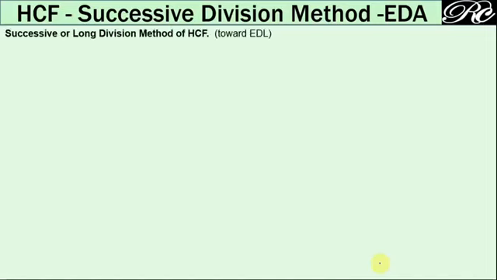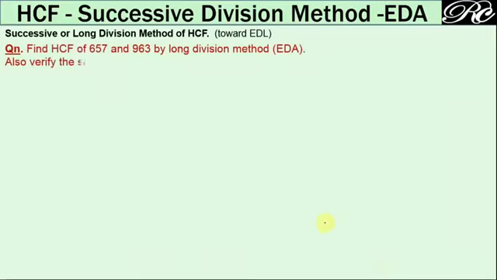By applying the long division method or successive division method, we have to find the HCF. Find the HCF of 657 and 963 by long division method, and we also have to verify our answer by the method of prime factorization.